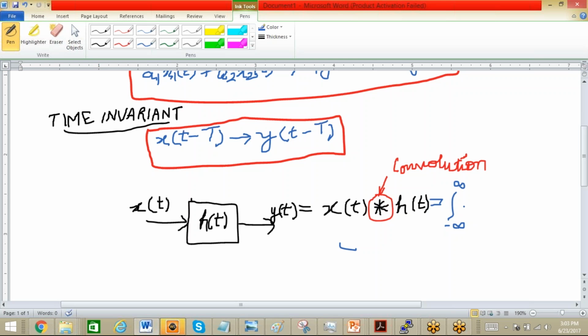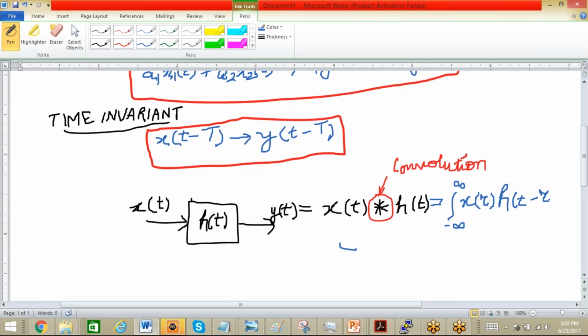Okay, and it is like x of tau multiplied by h of t minus tau. H, you know very well, is the system impulse response, actually.